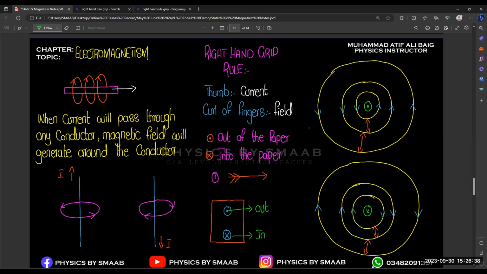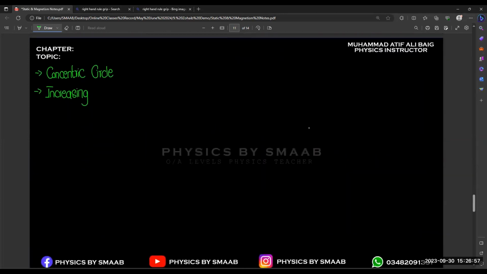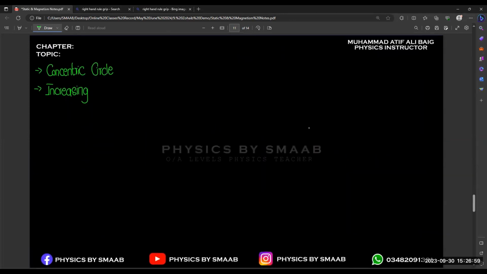If you draw with the compass, definitely these circles will be perfect. Concentric means that the center of all circles will remain the same. So you have to choose the conductor as the center of the circle, and then draw with the reference of compass, so all circles will be perfect.